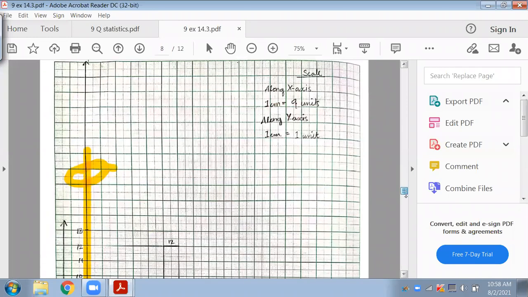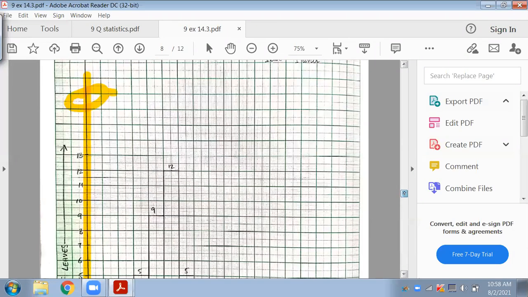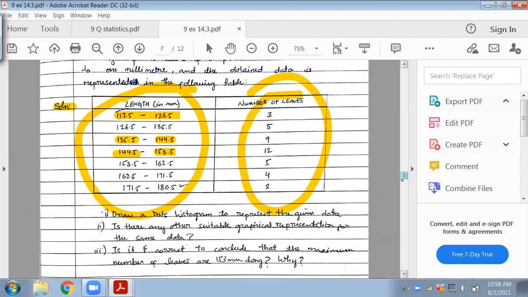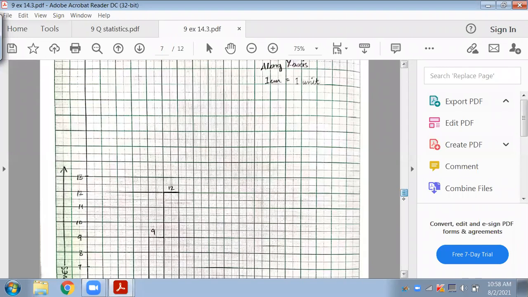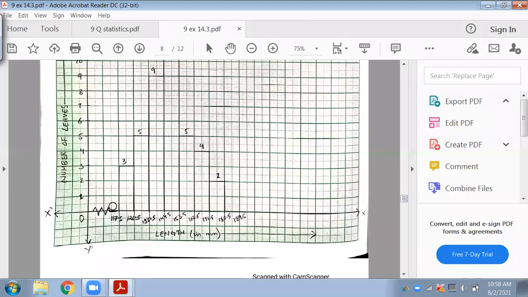Now, after drawing the axis, what is the starting one? If you see in the table, whatever is the starting class, we'll start with that. The starting class is 117.5 to 126.5. So here we are not starting from 0. Leave 2 gap, and here first put 117.5, next 126.5.